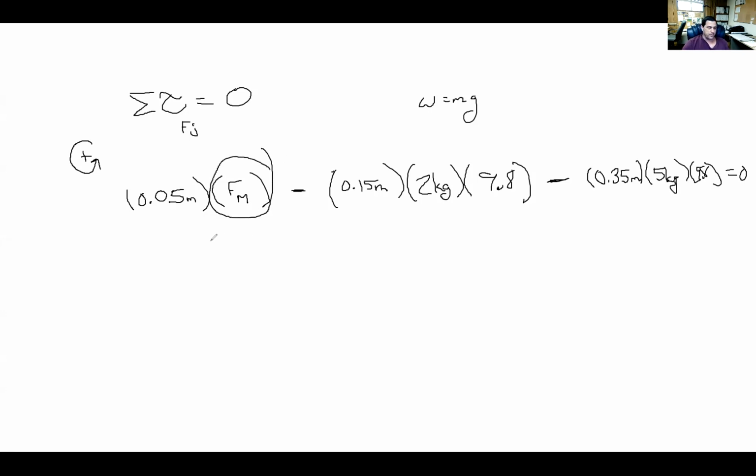So at this point, it's algebra. If you just rearrange this to solve for FM, you're going to get 0.15 times 2 times 9.8, and I'm moving this over to the other side, plus 0.35 times 5 times 9.8.